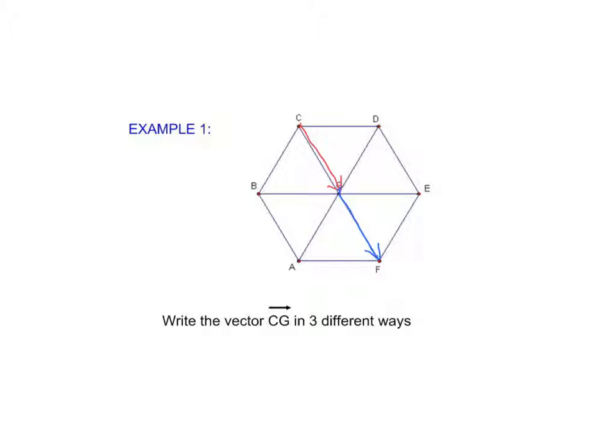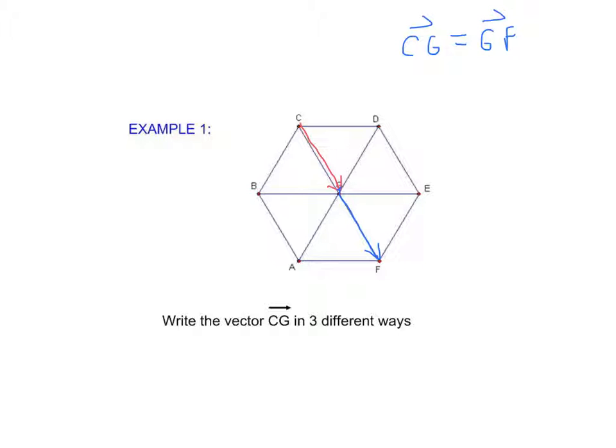This vector has the same magnitude and direction as vector CG, so we can write that CG vector equals vector GF. Make sure that you write those letters in order. If you write vector FG, then you have changed the direction so that the direction of this vector would be opposite to that of CG.